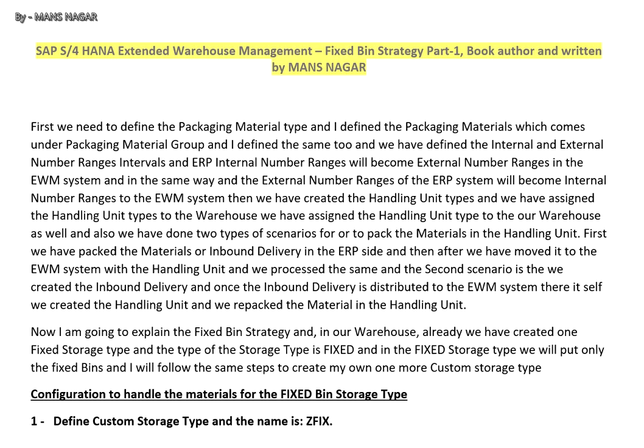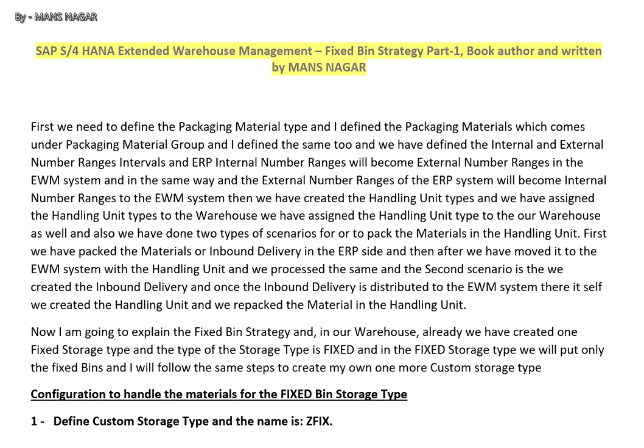For packing the material in the handling unit, first we need to pack the material in the handling unit. First we packed the material in the inbound delivery on the ERP side, and then we moved that packed HU to the EWM system, and then we process the same.